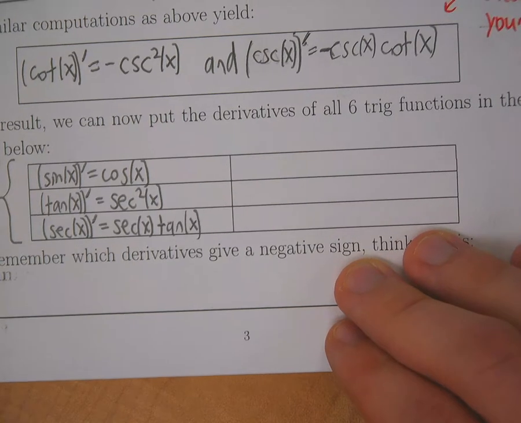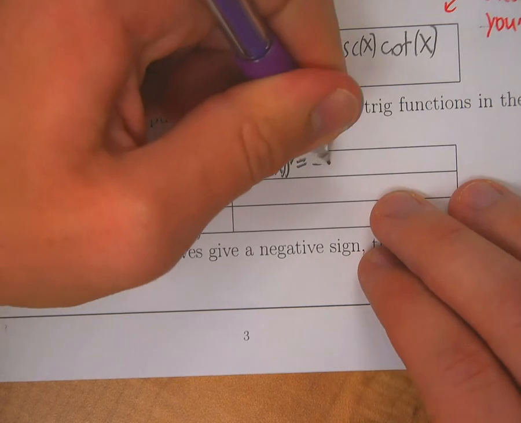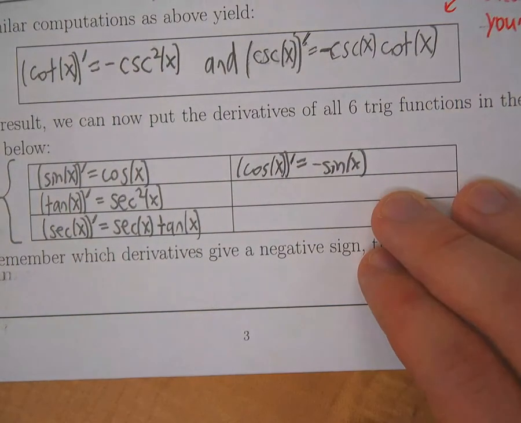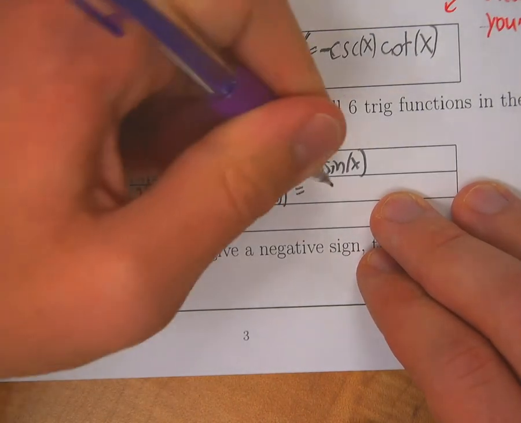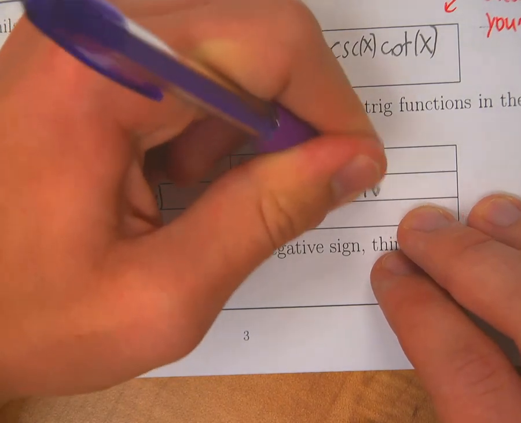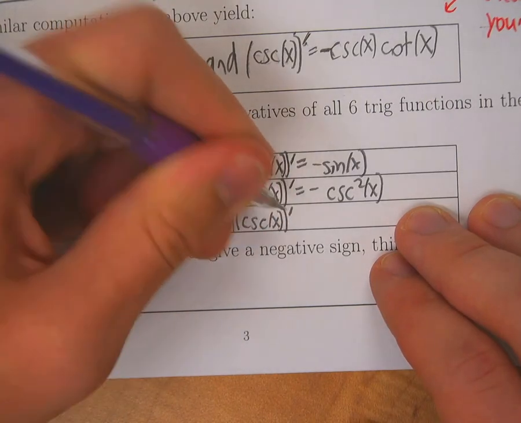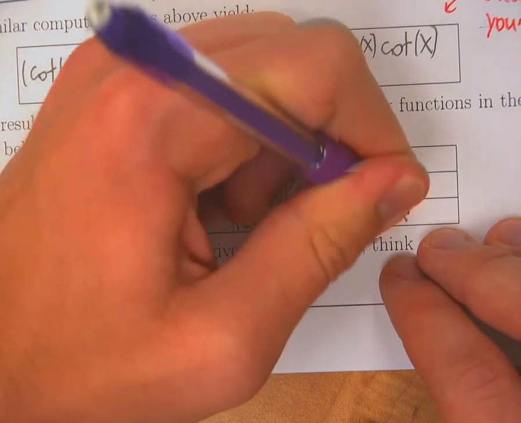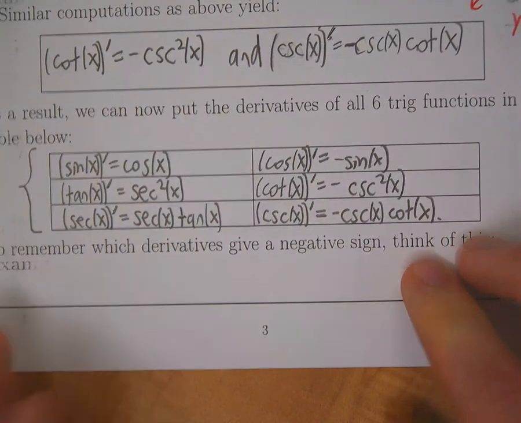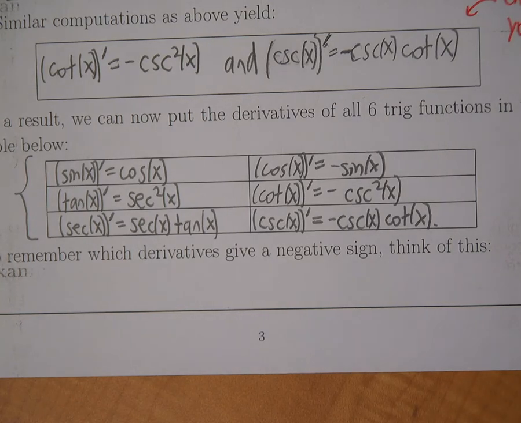Cosine of x, derivative of that is negative sine. Cotangent of x is negative cosecant squared. And cosecant of x is negative cosecant of x times cotangent of x. So there's your table with all the derivatives of all 6 trig functions. It's one nice little table.